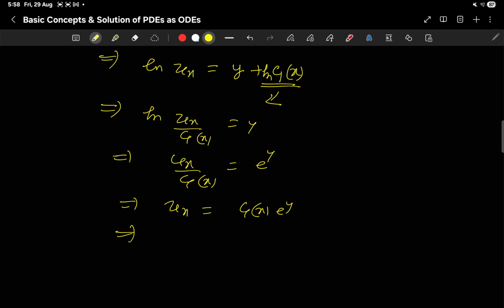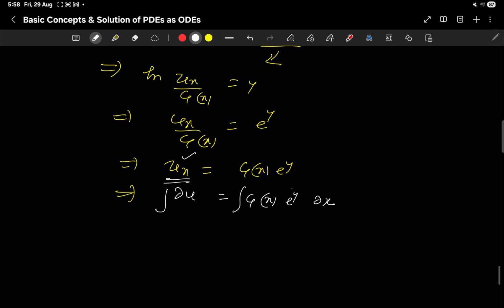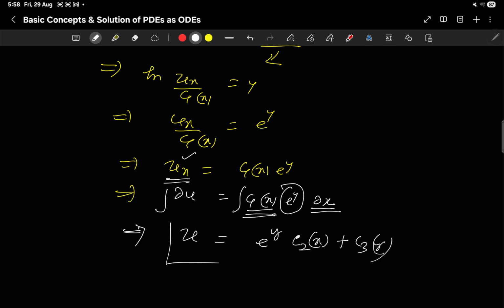Now ux is my del u by del x, so del u is c1x e to the power y del x, right? So now if I integrate, this is my constant here, left hand side is my u and e to the power y is my constant. C1x is integrated to give you another function of x, so c2x plus the constant will involve the opposite variable. So this is the answer.